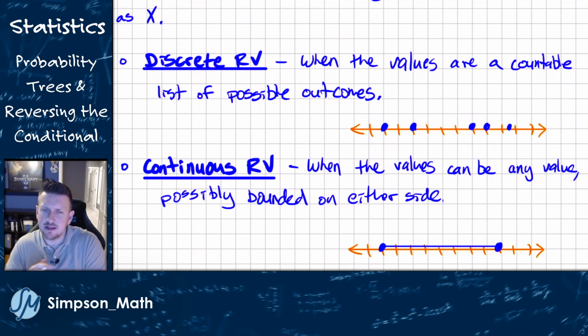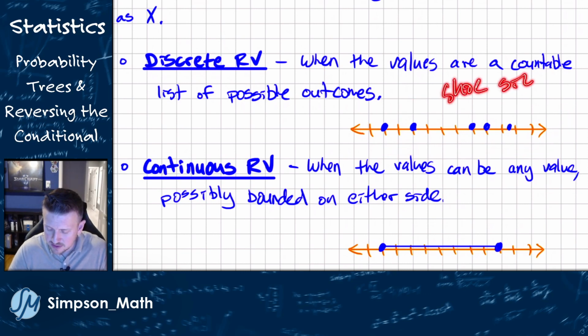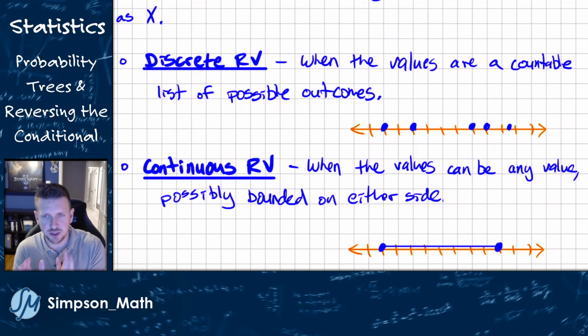An example of this is shoe size. If I were to enter a room and have everyone tell me their shoe size in American male shoes, because American female shoes differ from European ones, whatever. What are those shoe sizes?